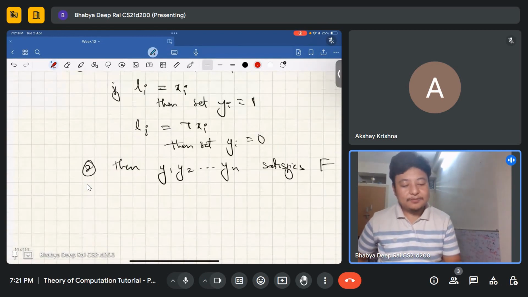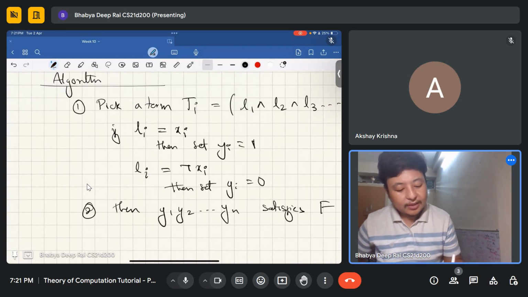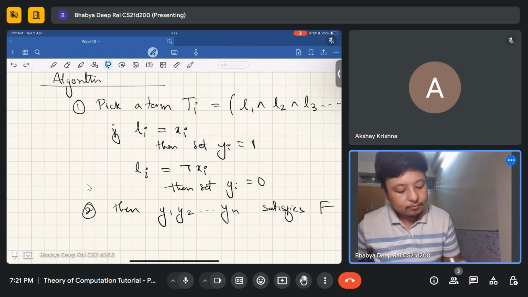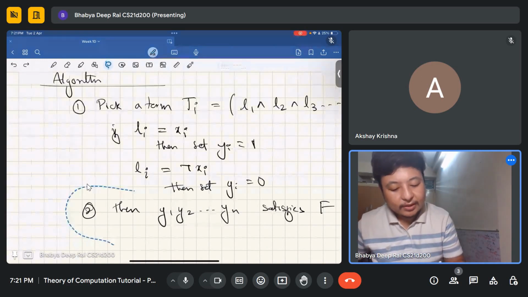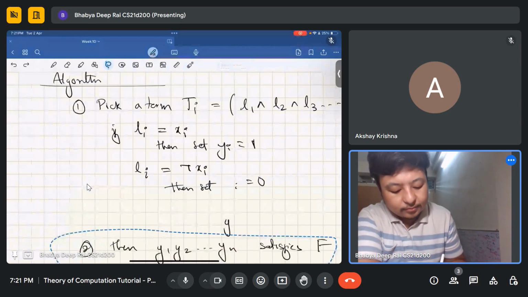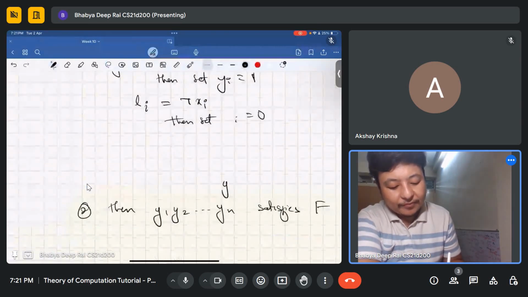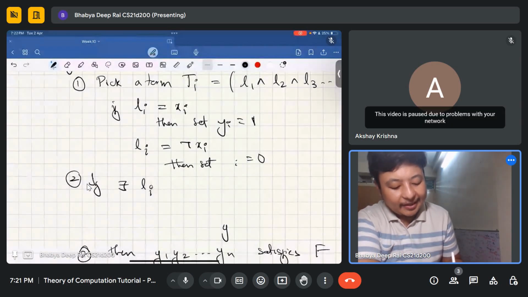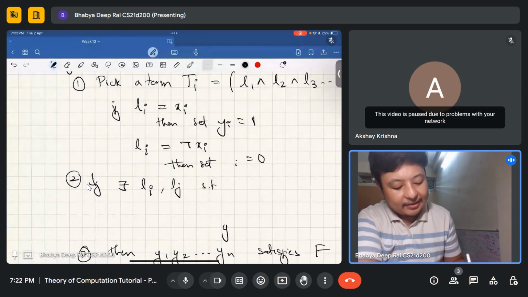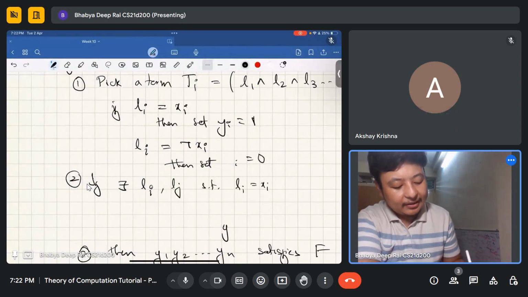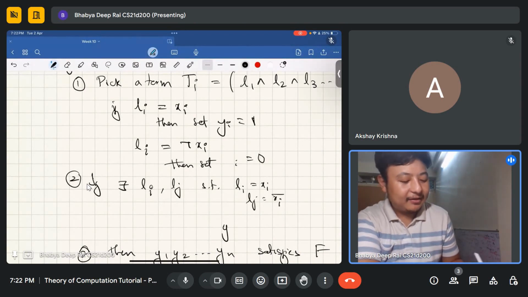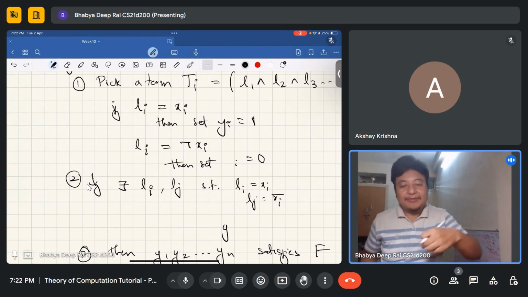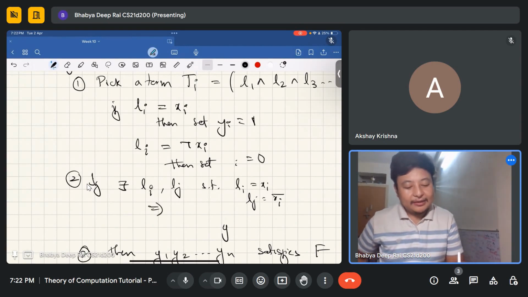So what I'll do is, finally, if there exists Li, Lj such that Li equals xi and Lj equals xi bar, if in the term both the positive and negative literals of the same variable exist, then reject.